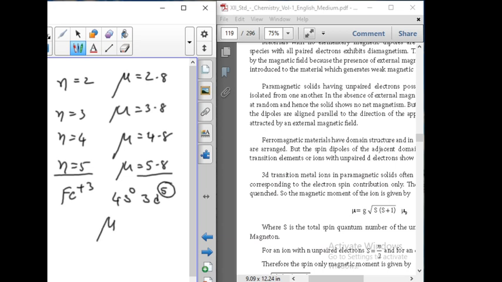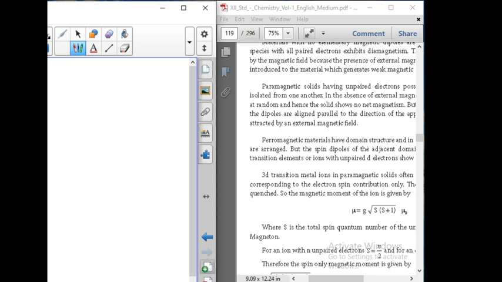No need to calculate directly: 5 means 5.8, 4 means 4.8, 3 means 3.8, 2 means 2.8, and 1 means almost 1.8, actually 1.732. To calculate the magnetic moment, you first have to be familiar with the electronic configuration. If you know it, calculating the magnetic moment becomes very easy.